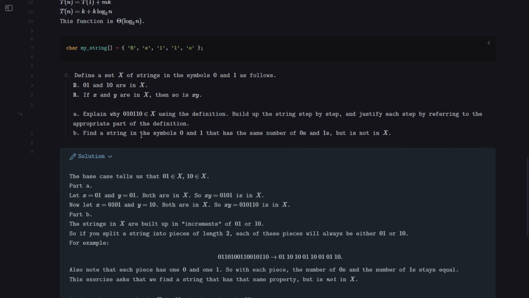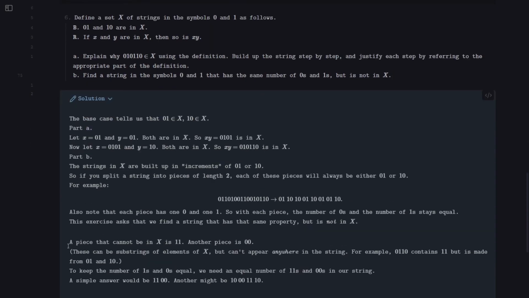This is a property of all the strings in x, and we need to find a string that has the same property, that it has the same number of zeros and ones, but it's not an x. And the way to do that is to check what pieces we can have that are different from these.